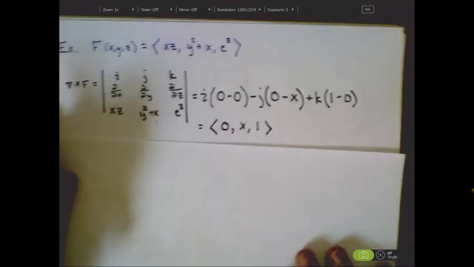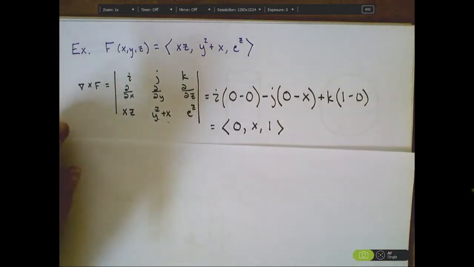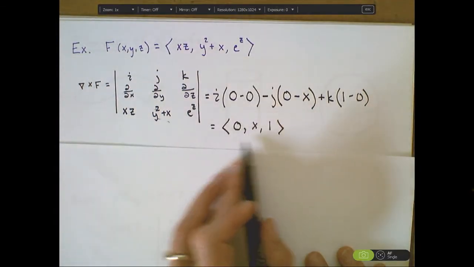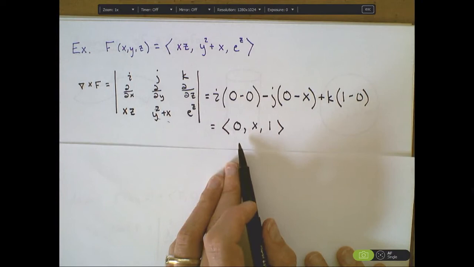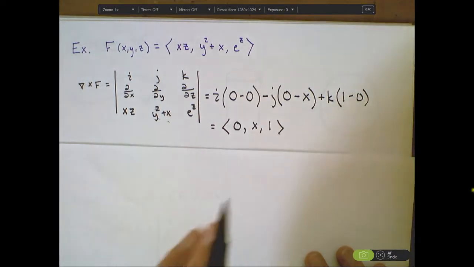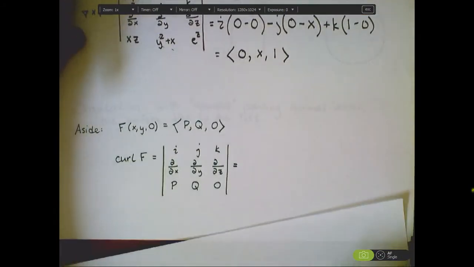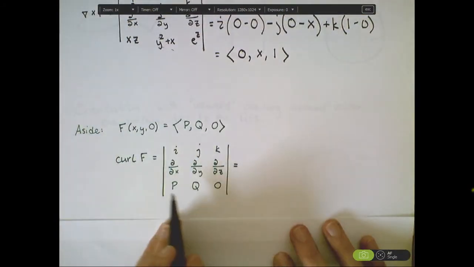So that's how you compute the curl. Notice that the curl is a vector, and the geometry of the curl is something that we can discuss later in class. I want to show an applet for that in class. This is an important aside.